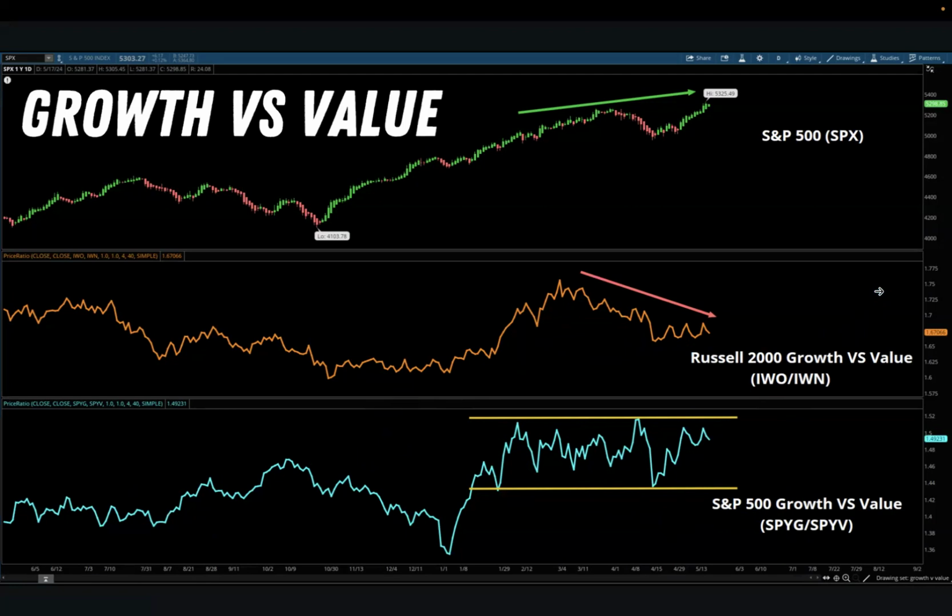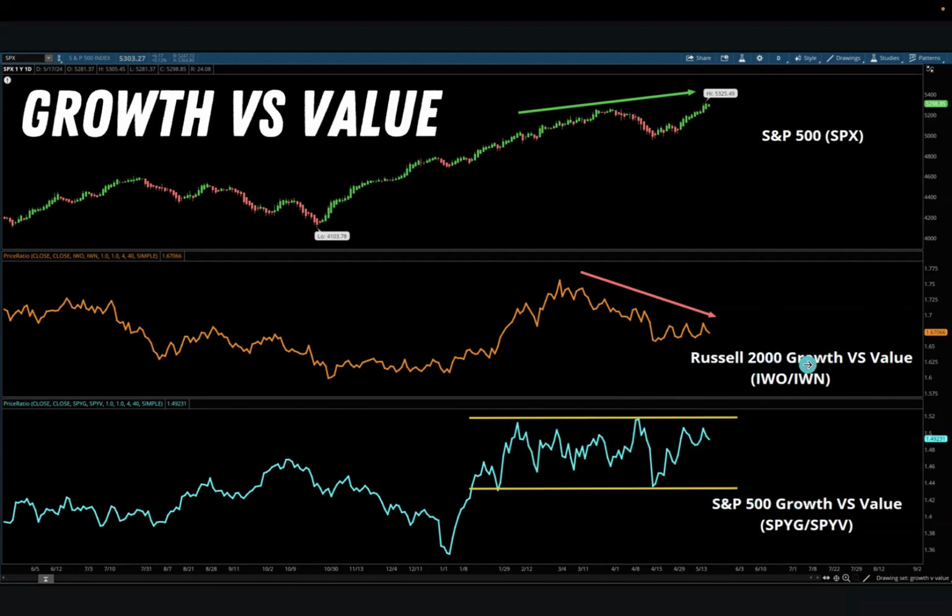As I mentioned at the beginning, a lot of people consider themselves growth investors. A lot of people consider themselves value investors. And this is just a good way to measure the relative performance of growth versus value in small caps and S&P 500 stocks, and be able to spot potential opportunities, right? If we start seeing this breakout here, we could actually be looking at trade opportunities in some S&P 500 growth stocks, right?